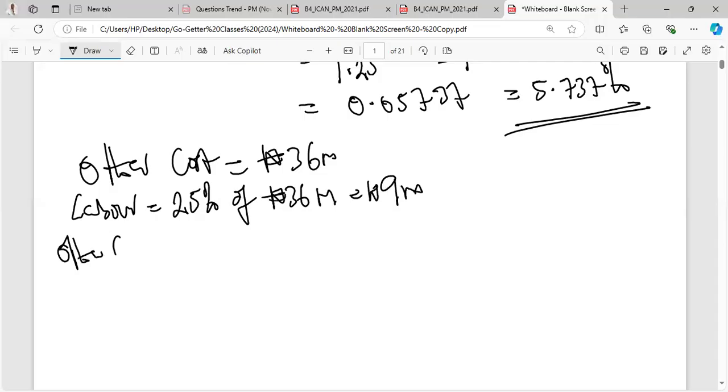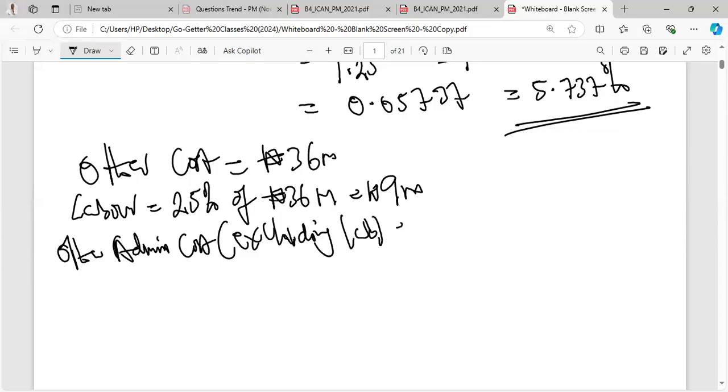Other admin costs, excluding labor, is going to be 36 minus 9, which is 27M.